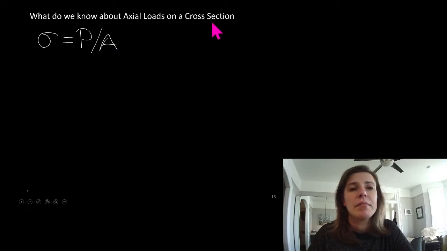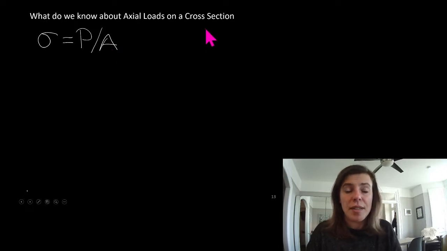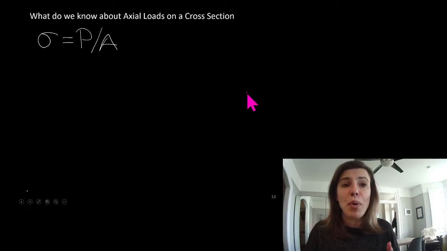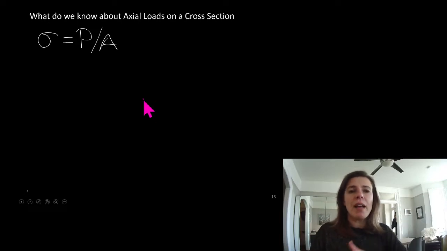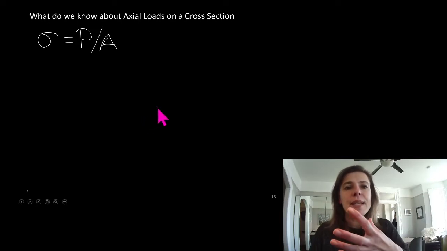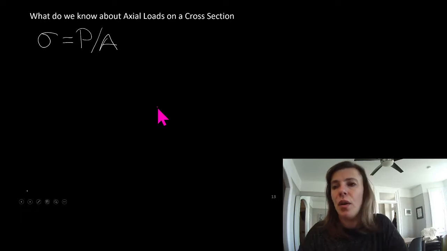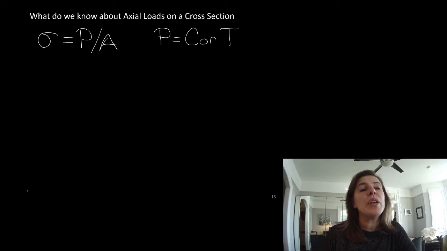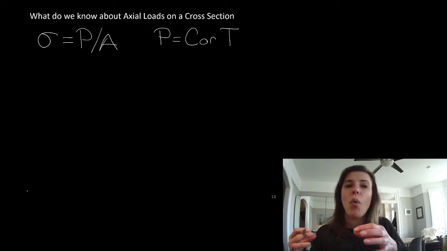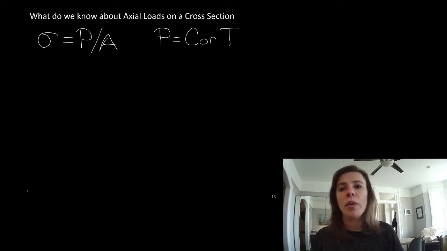So area covers our cross-section. That's our cross-sectional area. It's a shape property. P is our force, that thing we calculated last term. P is a placeholder to talk about axial loads. We'll use P as a placeholder for C or T, compression or tension, depending on what we're talking about.